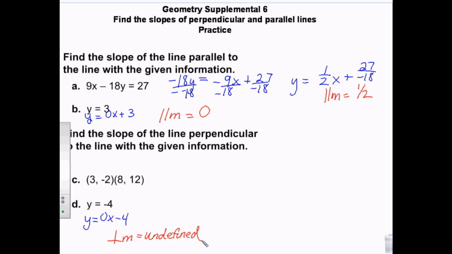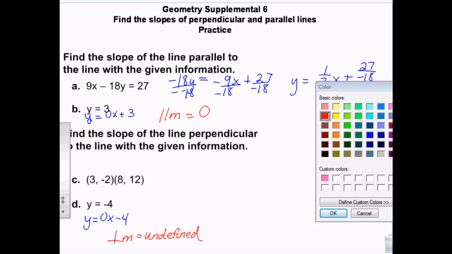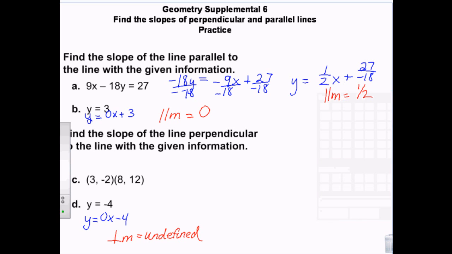Okay. For the first one, we're going to have to solve for our slope using our slope formula from yesterday. So y2 minus y1 over x2 minus x1.